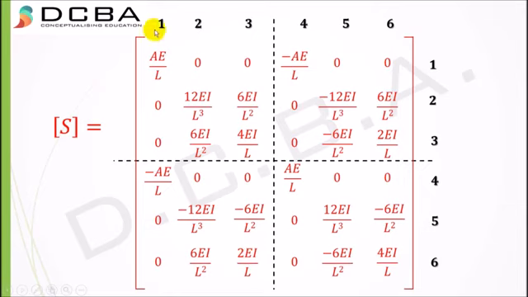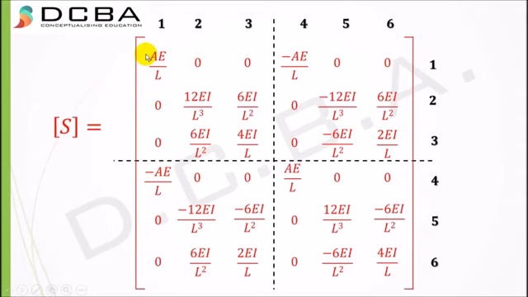So basically you have to first fill these three columns by writing these 9 elements, then copying the same 9 elements down in the third quadrant, and just replacing 4 EI by L by 2 EI by L. And now the fourth row and the fifth row are negative of the second and third, so you just have to change the signs of the fourth row and fifth row.